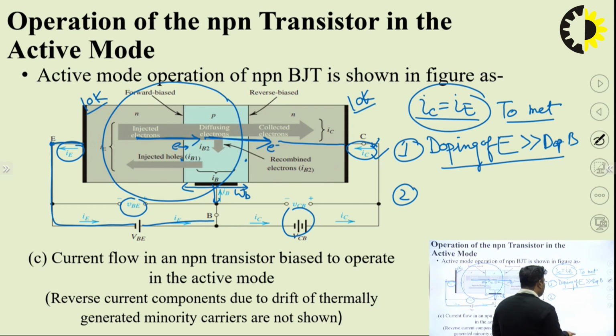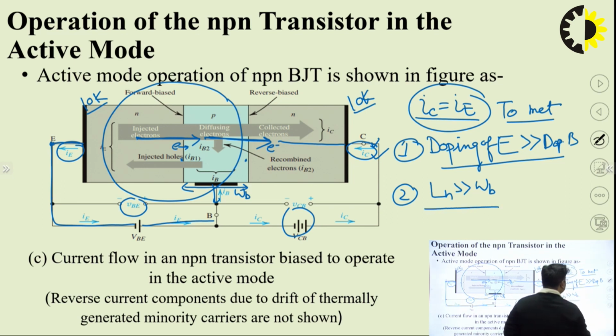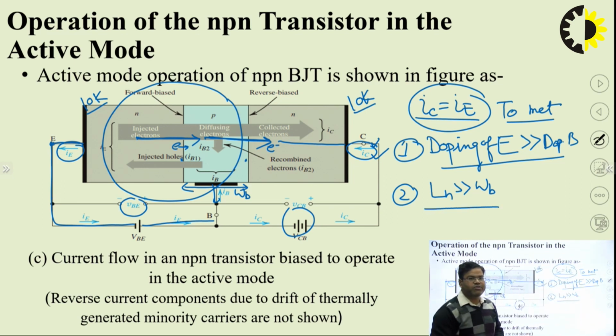So the second requirement when we design a BJT is that the diffusion length of injected carriers should be much higher than the effective width of the base. These are two basic criteria when we design a BJT for the purpose of amplification.